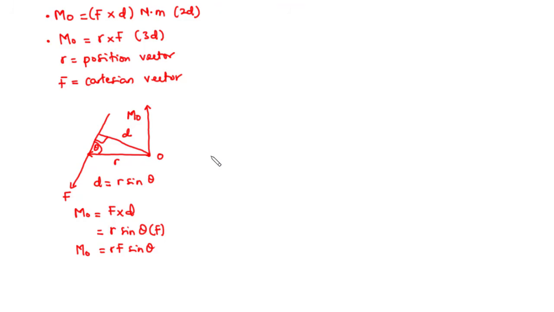Now talking about the direction of the moment. The direction of the moment can be obtained by considering or applying the right hand rule. So let's assume that this is the right hand. So we have the fingers, and then we have the thumb, which is acting vertically upwards or acting perpendicular to the plane containing R and then F. Now if you want to curl the fingers of the right hand, you realize that you are going to move in the anti-clockwise direction.